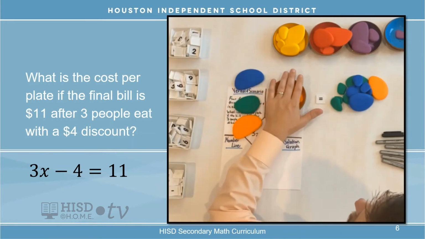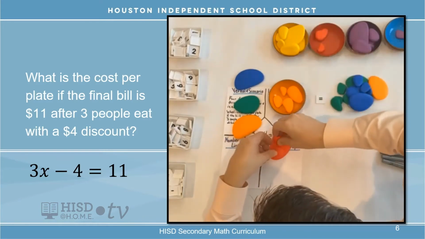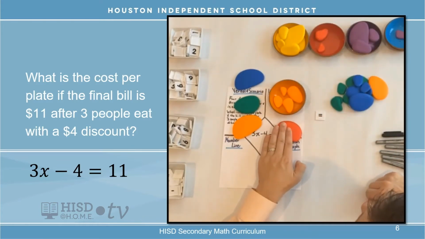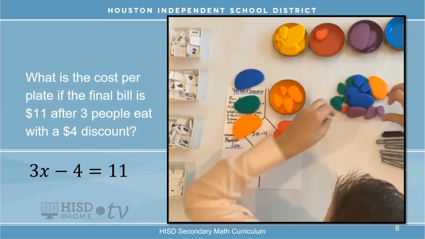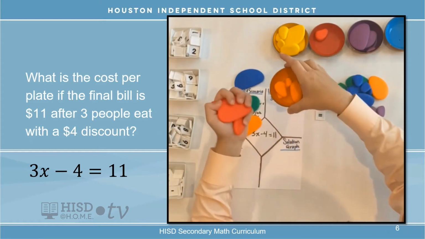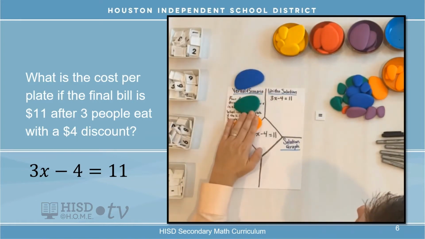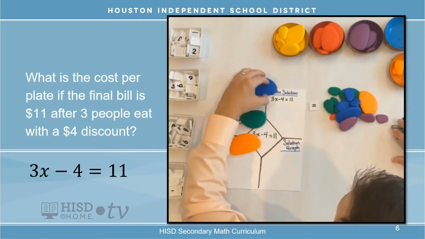Now, because the stones are minus, or they're in a bowl, we need to cover them. To get them out of the minus, we'll have to use a match of +4. So this matching pair can now go away. And remember, because it's an equal sign, if we add 4 to one side, we'll add 4 to the other side.